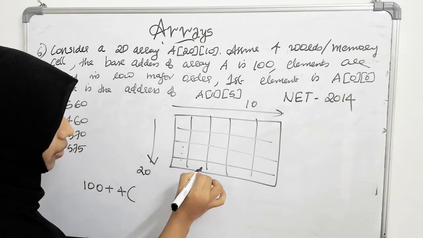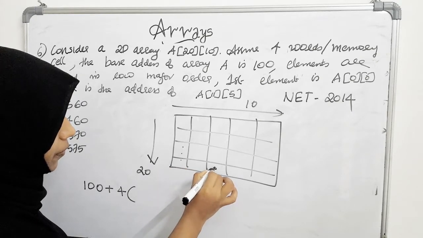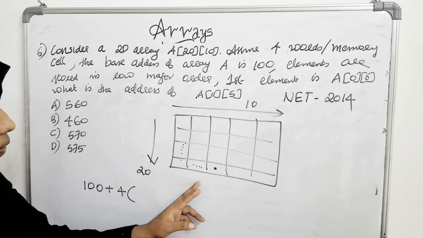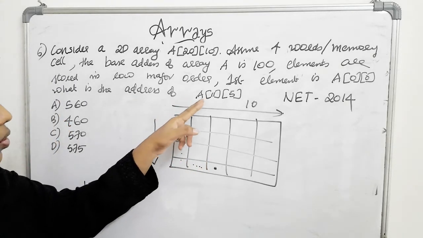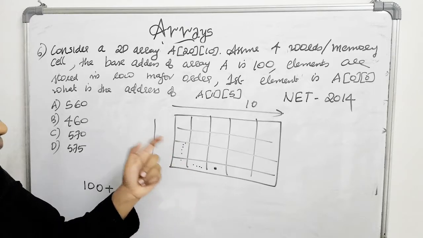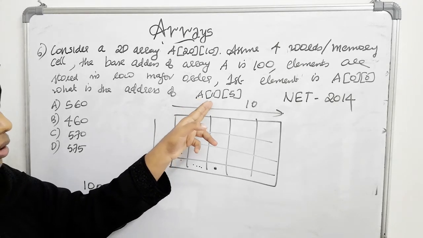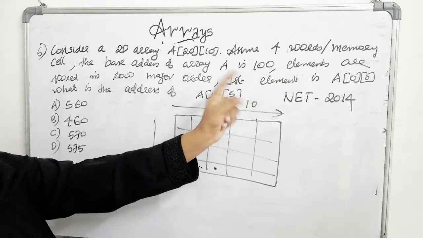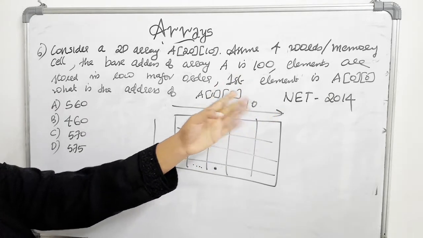Let this be the 11th row and let this be the 5th column. There are loads of columns and rows in between. That is the address of the element in the 11th index row and 5th index column. The indices start from 0, 0. Please do keep that in mind.